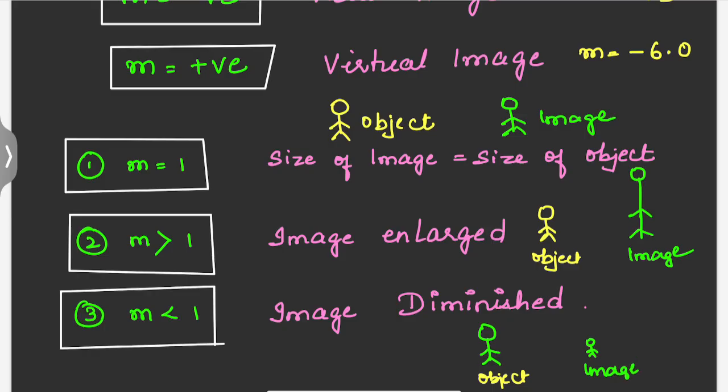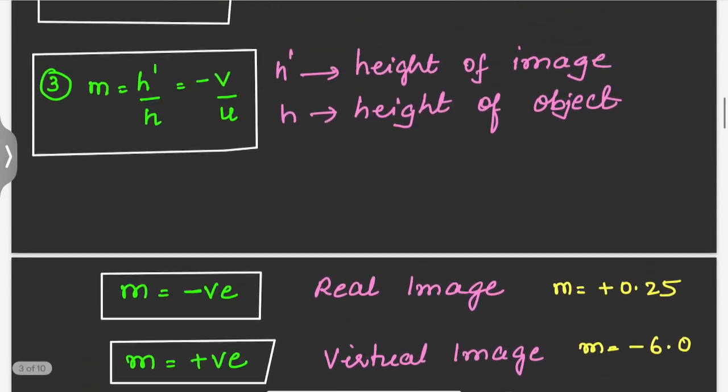Can you see, compare the size now? This is big, whereas this is very small. Diminished means very small, it is reduced. The size of the image is reduced. That is the meaning. So if you get the value of m, you can easily identify whether the size is equal, enlarged or diminished. I hope it is clear now.